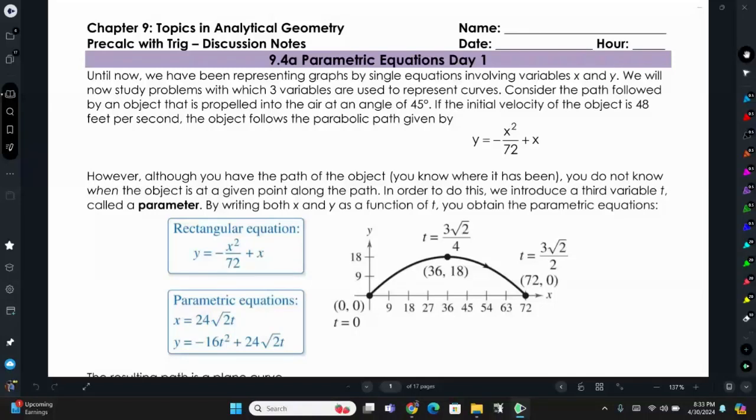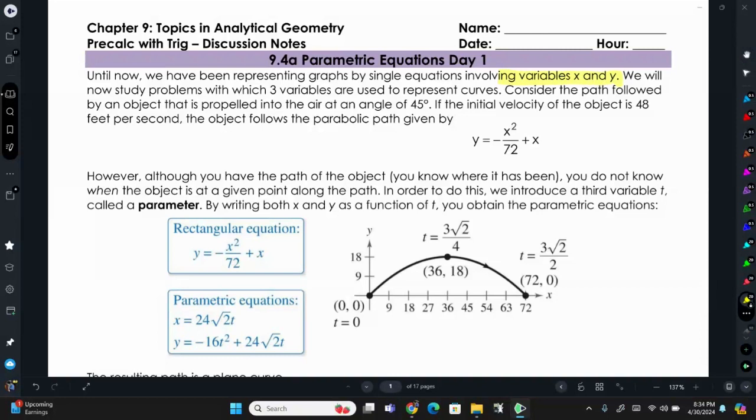So section 9.4 is about what are called parametric equations. A parametric equation allows us to introduce another variable into our realm, our world. Normally we would just have an equation involving x and y, x equals this or y equals that, along those lines.